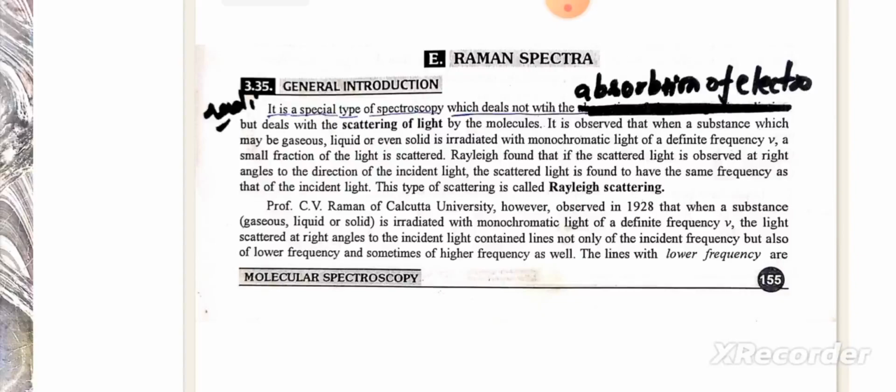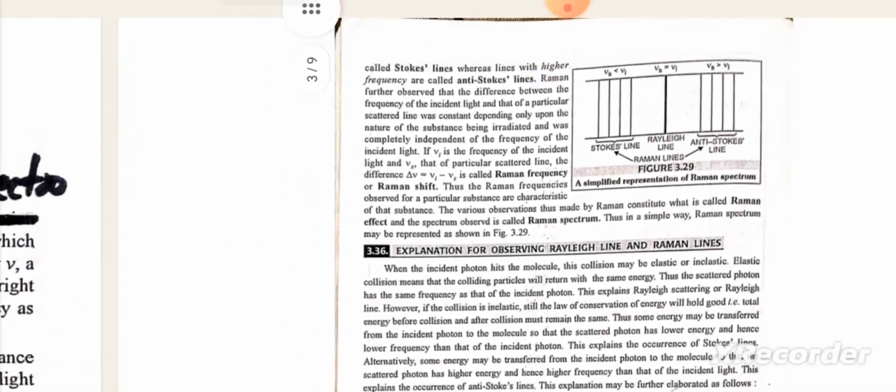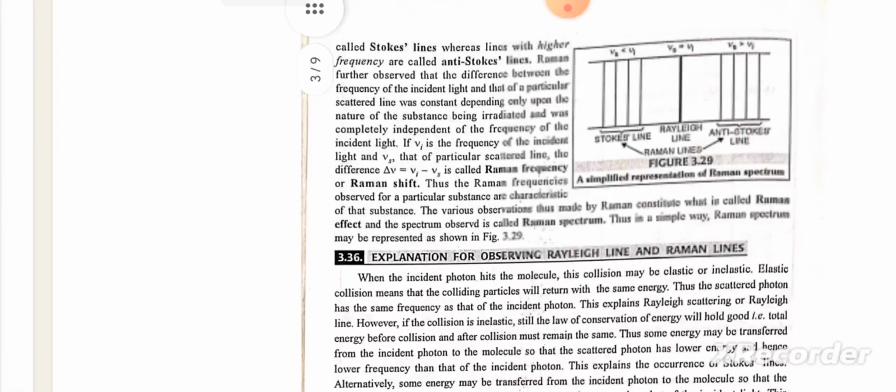The lines with lower frequency are called Stokes lines, whereas lines with higher frequency are called anti-Stokes lines.